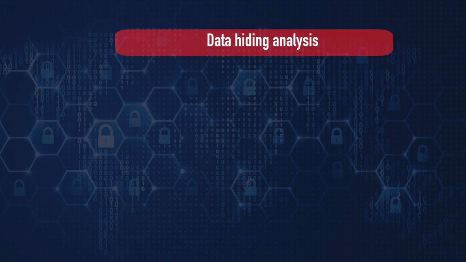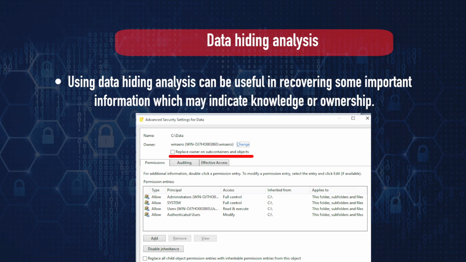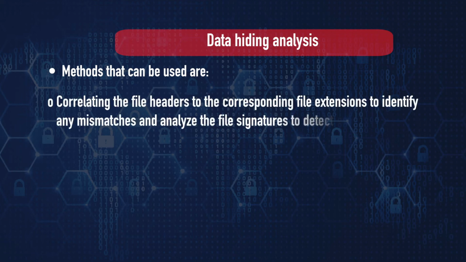Next comes the data hiding analysis. Using data hiding analysis, one can recover some important information which may indicate the knowledge or ownership. Here are the methods that can be used. Correlating the file headers to the corresponding file extensions to identify any mismatches and analyze the file signatures to detect the hidden data.